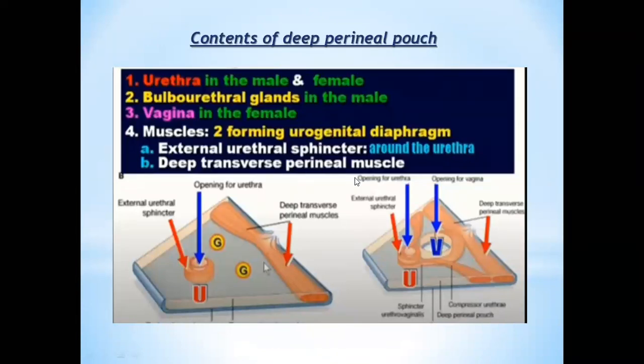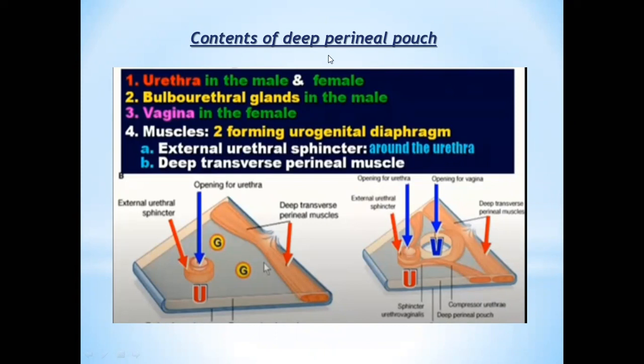Then we also have the deep transverse perineal muscles in both males and females. A very important point: if I ask you the anatomical position of the urethra, it is part of the deep perineal pouch.